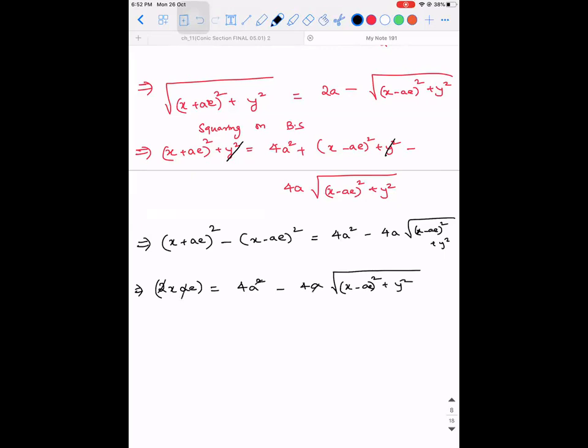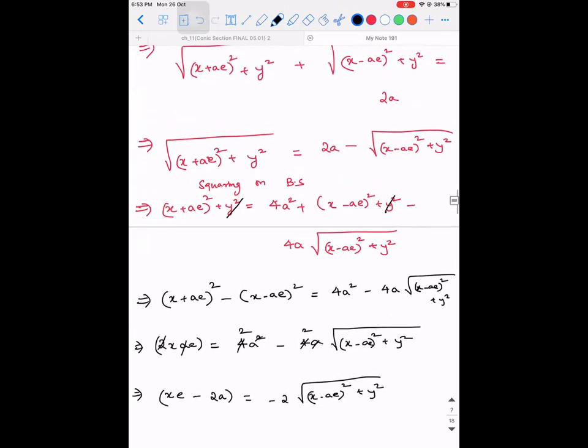A gets cancelled, 2 gets cancelled, which implies ex minus a is equal to minus root of (x minus ae) the whole square plus y square. Guys, is there any doubt till this step? No doubt.